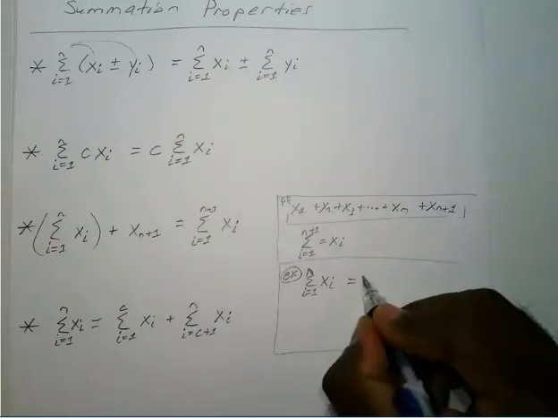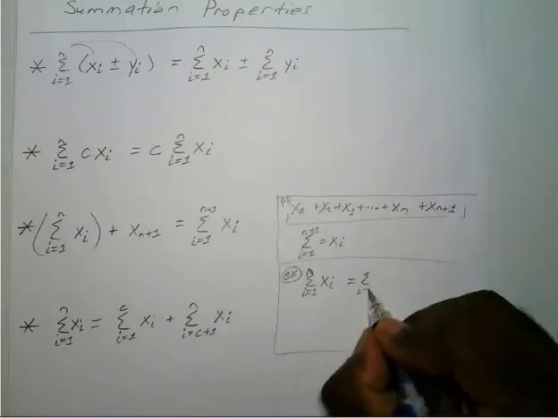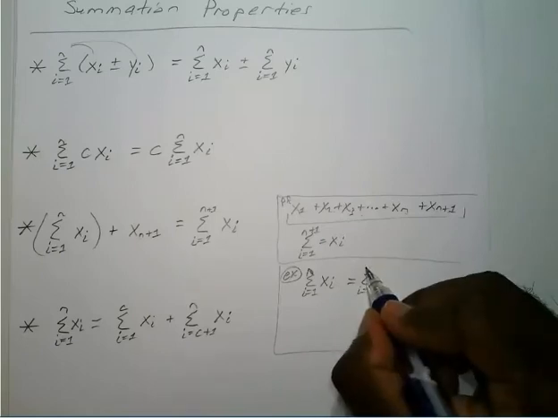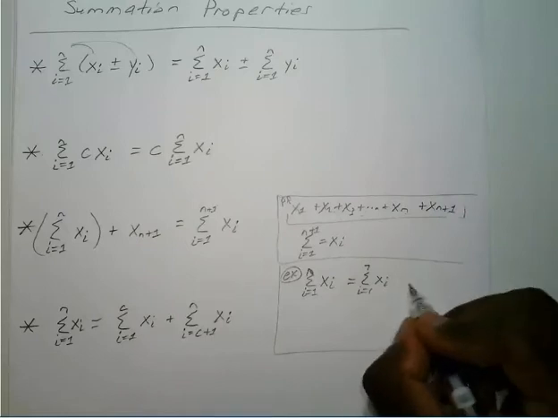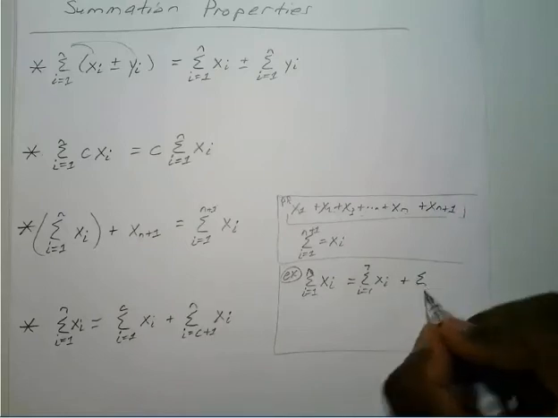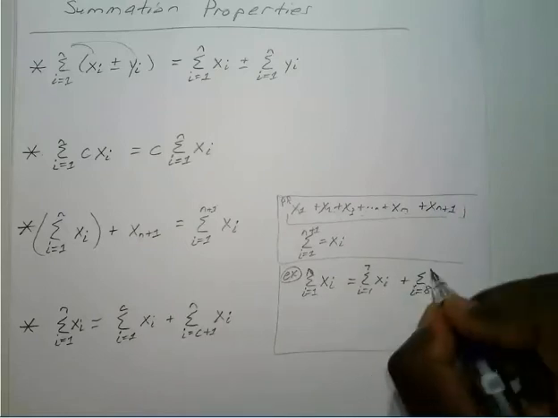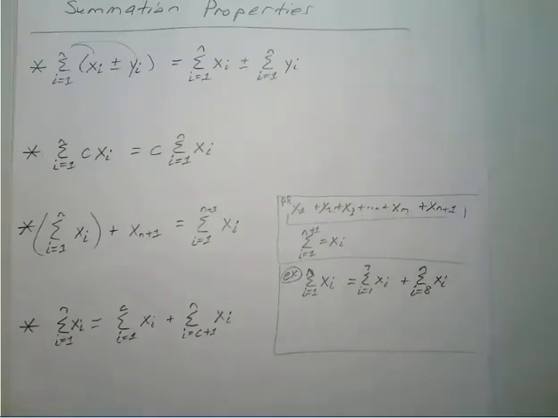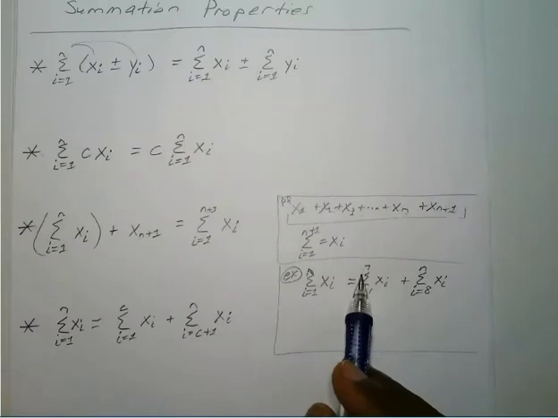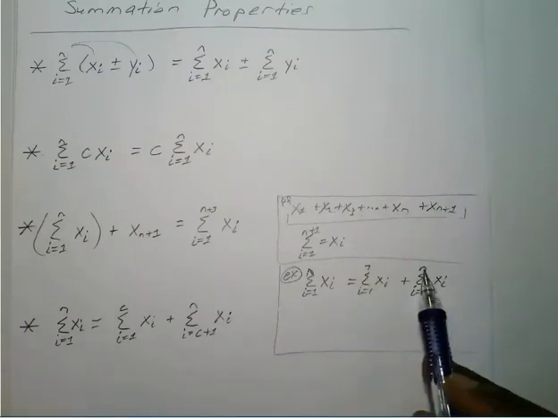You could break that down to the sum from i equals 1 to 7 of x of i plus the sum from i equals 8 to n of x of i. So you add the first 7 terms, then you go from the 8th term on up.